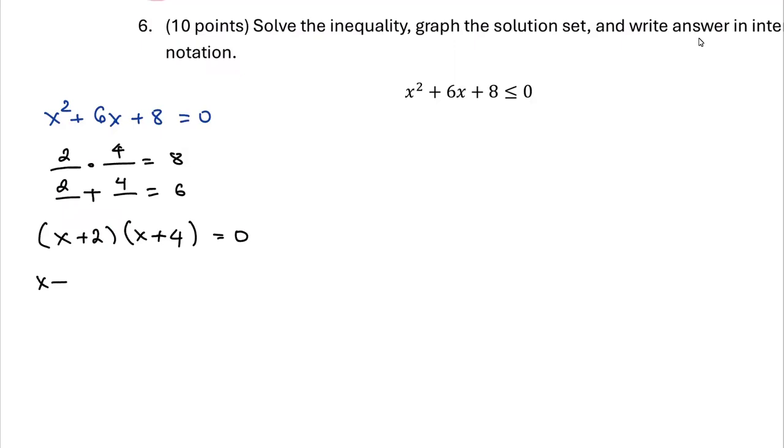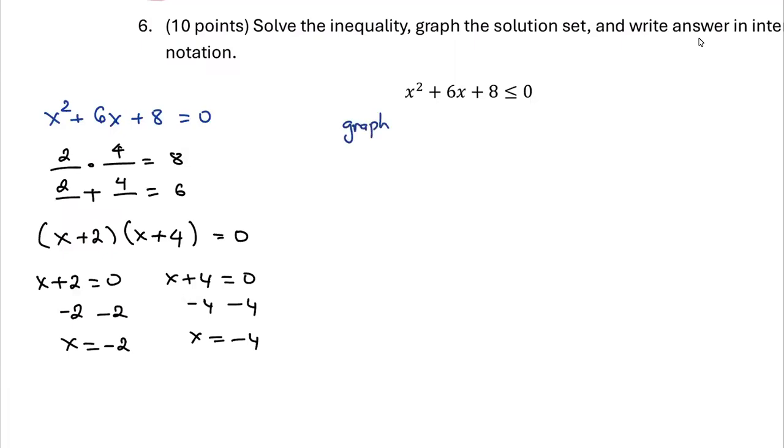Separate. x plus 2 equals 0. x plus 4 equals 0. So subtracting 2 from both sides, I get x equals -2. Subtracting 4 from both sides, I get x equals -4. All right. Next, step number 2, we are going to put that into the graph, or the sign testing, right?